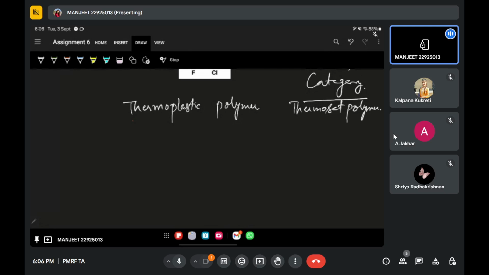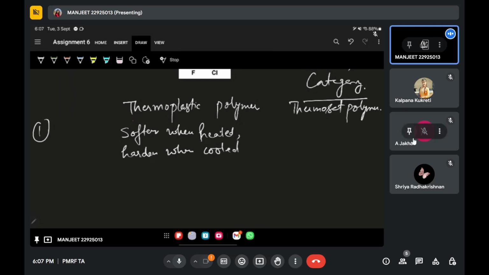If I give heat to a thermoplastic polymer, it gets softened when heated and hardened when we cool it. But in the thermoset, this is not the scenario; it becomes harder when we heat it.